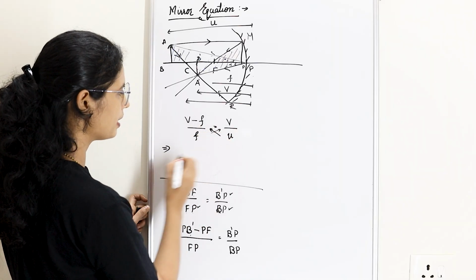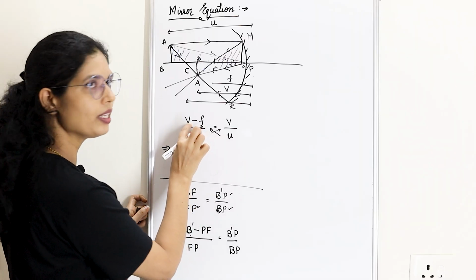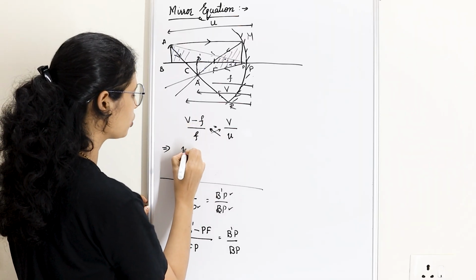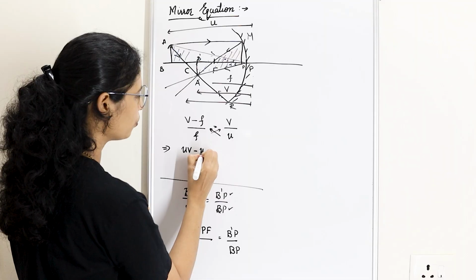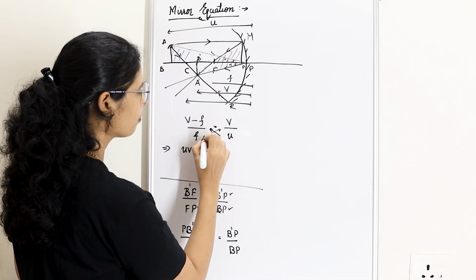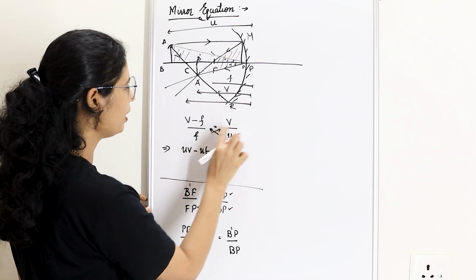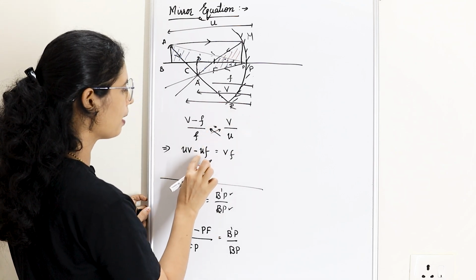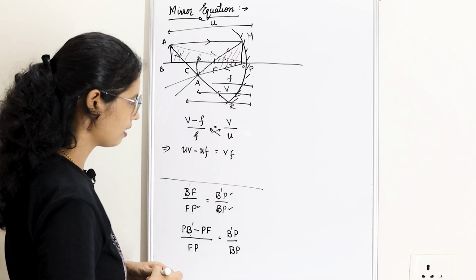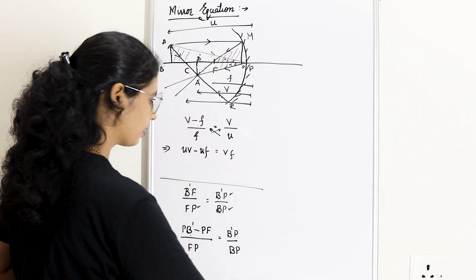When you cross multiply, U is multiplied with V and F, so it becomes UV minus UF equals to VF. F goes here, right? So it becomes VF, UV minus UF, isn't it? U is common here.